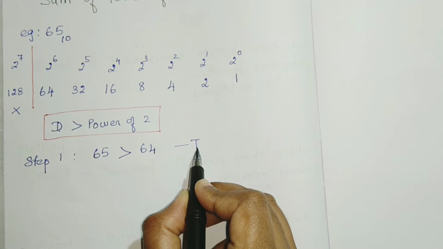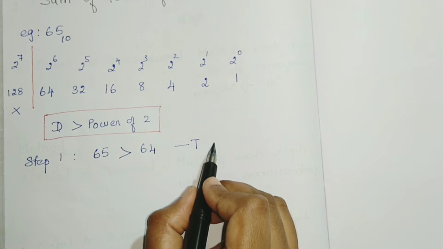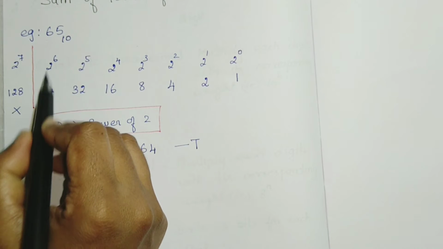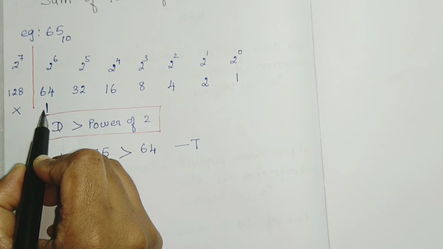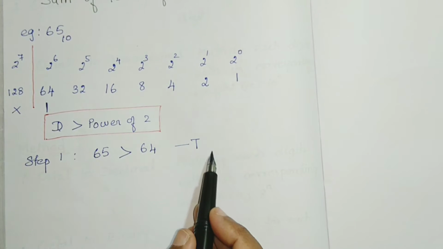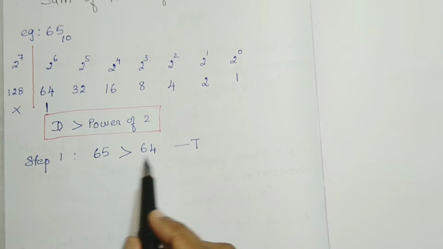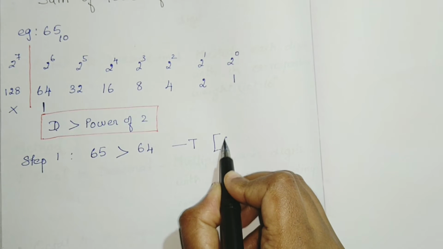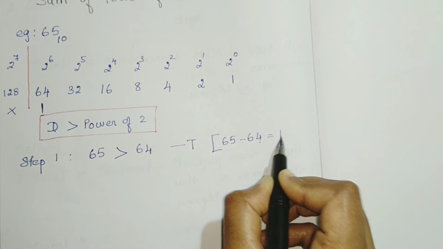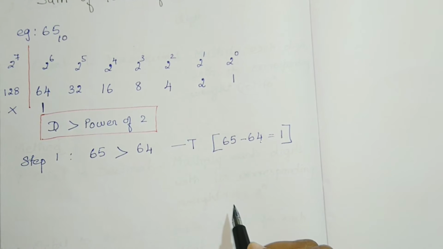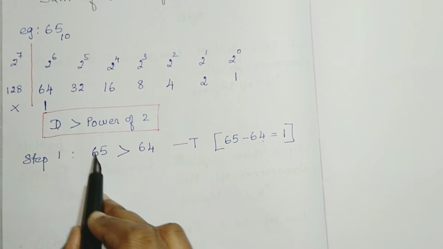If it is true, we have to set that particular bit as 1. And then we have to subtract both numbers, the decimal and the power value. 65 minus 64 is equal to 1. So the next decimal value is 1, not 65.